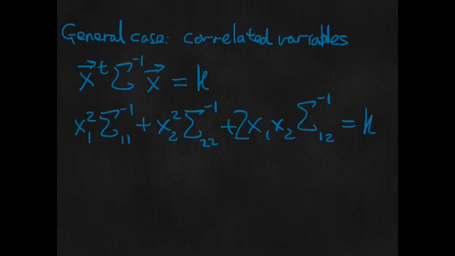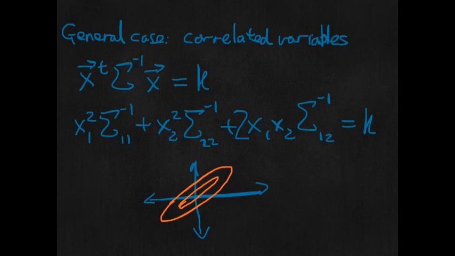Now this is actually, again, an equation for an ellipse, only that with the x1 x2 term here, our ellipses are not going to be aligned with the axes we drew, but instead may have some kind of tilt to them to encode the fact that the two variables that we're trying to measure here, x1 and x2, are correlated.